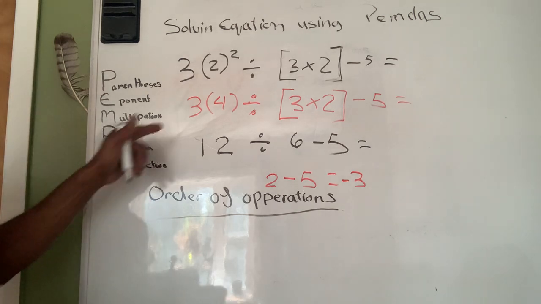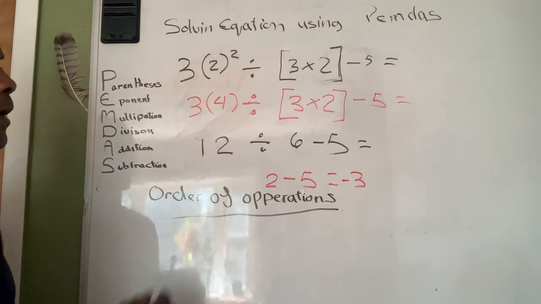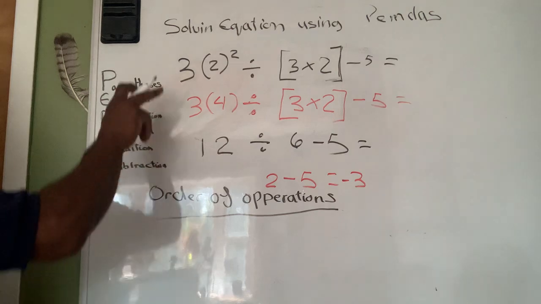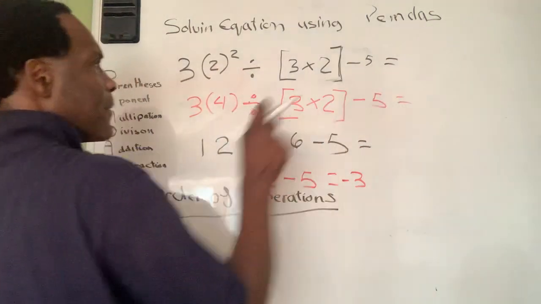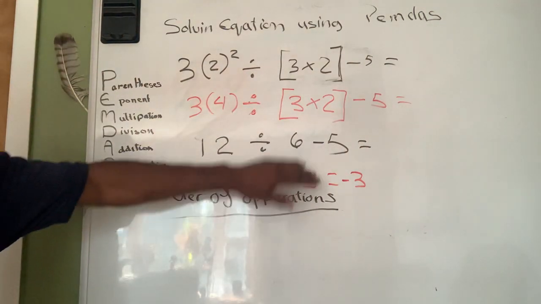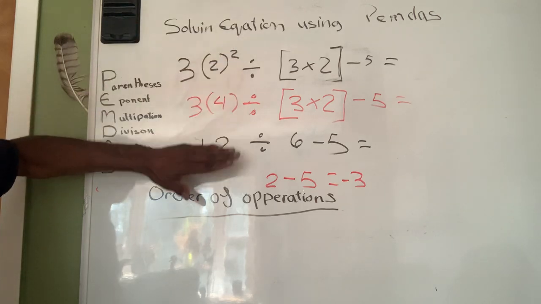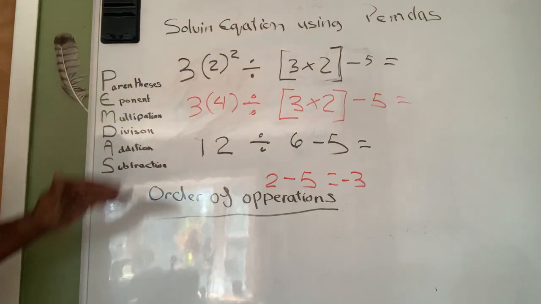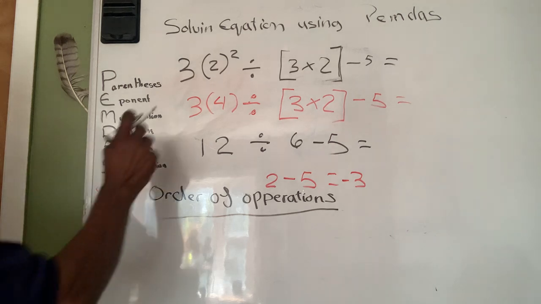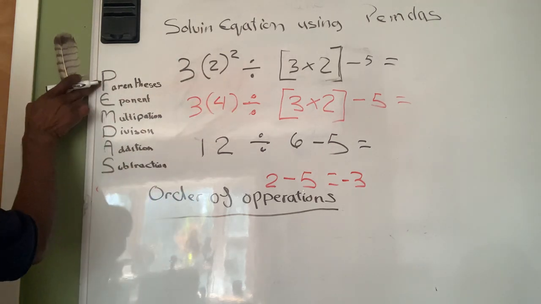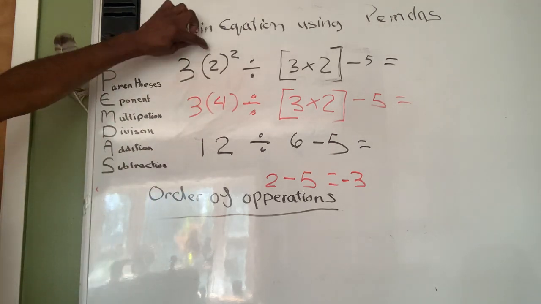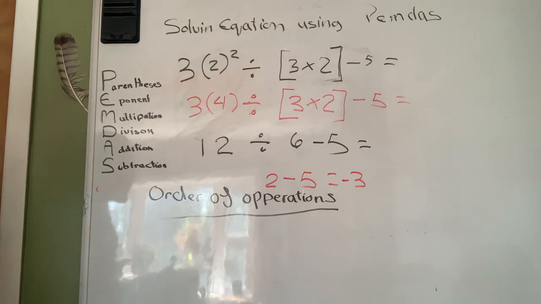Because we have to have a particular way of solving, we go from left to right in order to solve this simple equation. In PEMDAS, P is for parentheses. You can write parentheses in different manners.